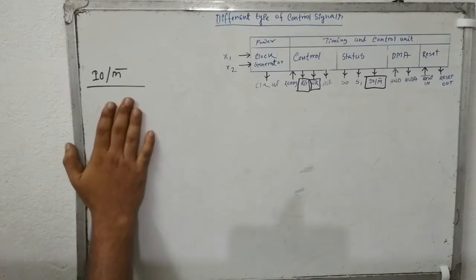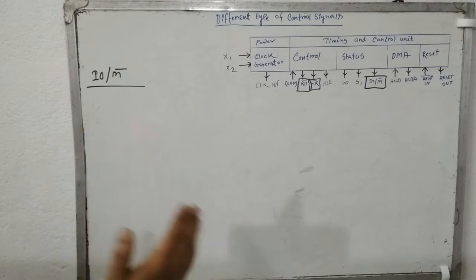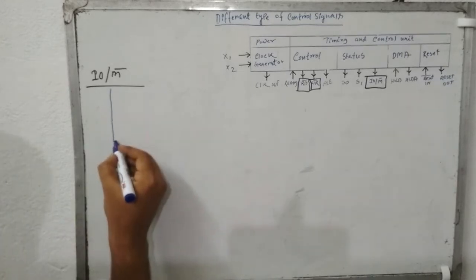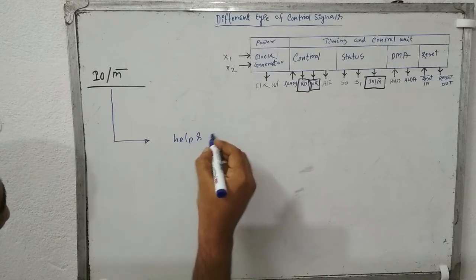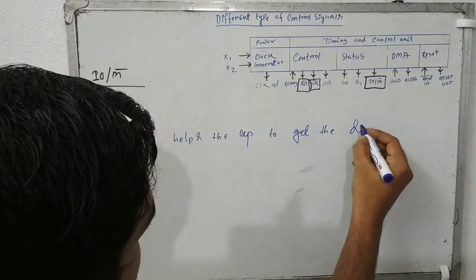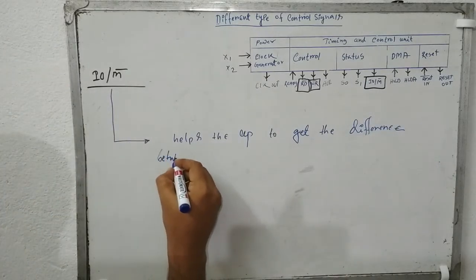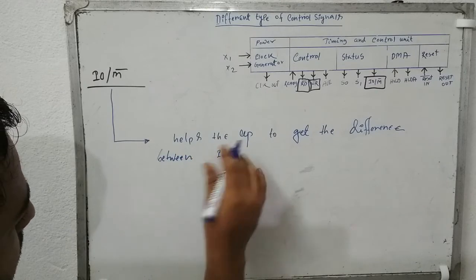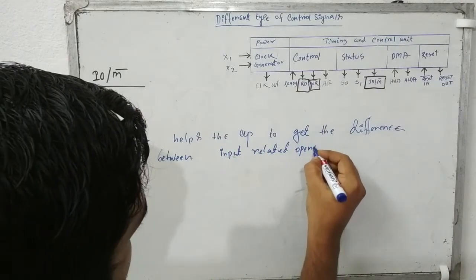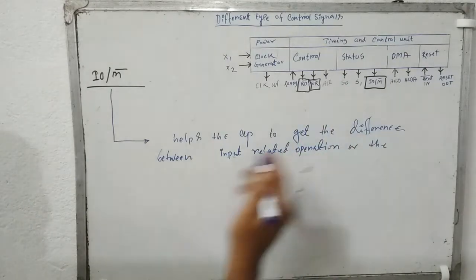This hardware pin helps the microprocessor to get the difference between an input related operation or a memory related operation. Will it be an input related operation or a memory related one?